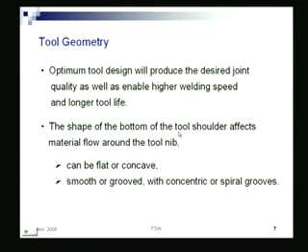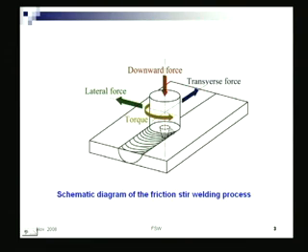The shape of the bottom of the tool shoulder affects the material flow around the tool nib. How the bottom of the shoulder will be, that also will depend. It can be flat or can be concave. That means this shoulder part can be flat, there is no harm, one can keep it flat, or it can be concave.